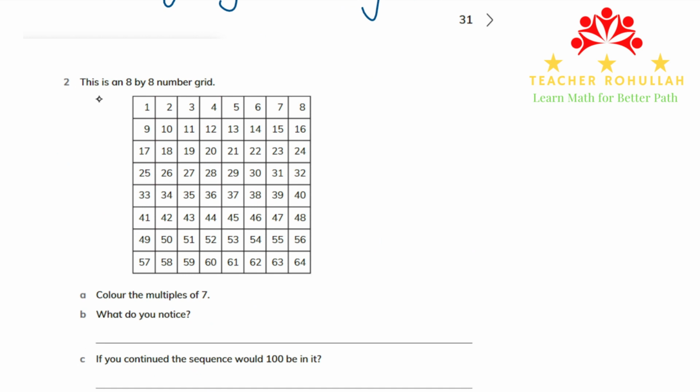In question 2, it says, this is an 8 by 8 number grid. Part A says, color multiples of 7. Multiples of 7, you know, are the numbers we get by multiplying 7 with other numbers. The first multiple of 7 is 7. The second one is 14.